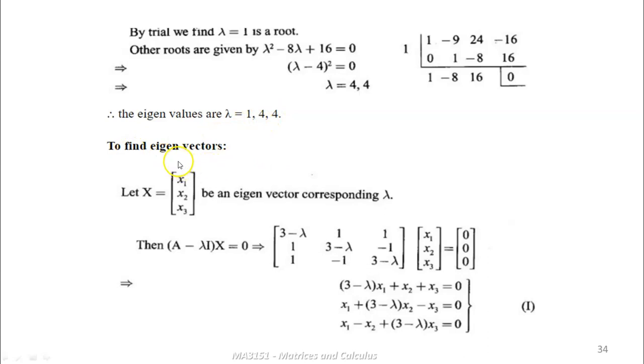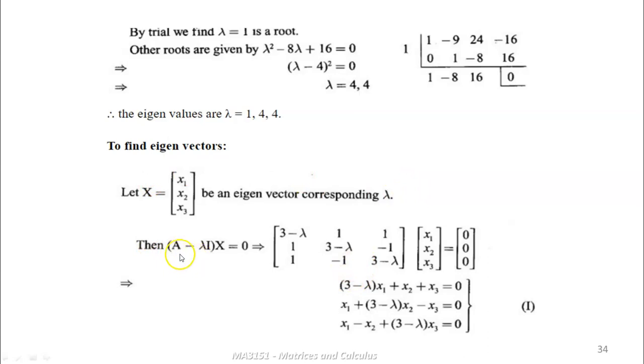Now we are going to find the eigenvectors of each and every eigenvalue. Let us consider the vector capital X as x1, x2, x3, 3 unknowns we have taken, be an eigenvector corresponding to lambda.